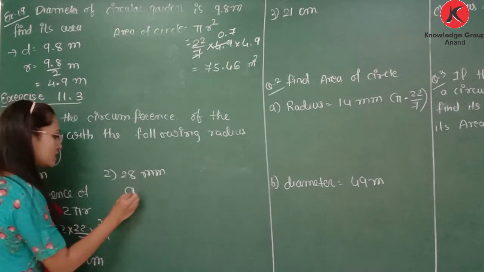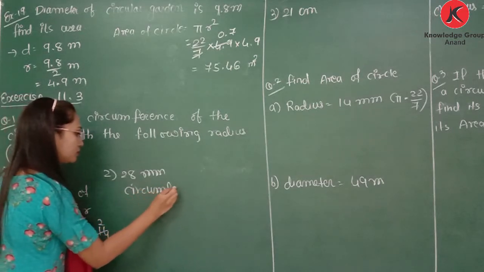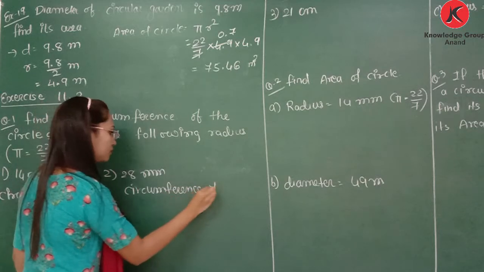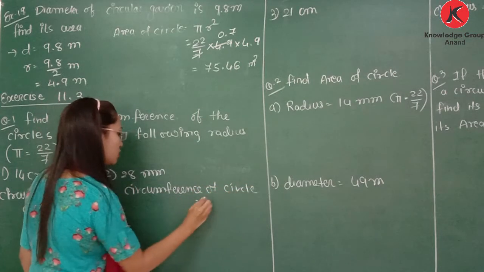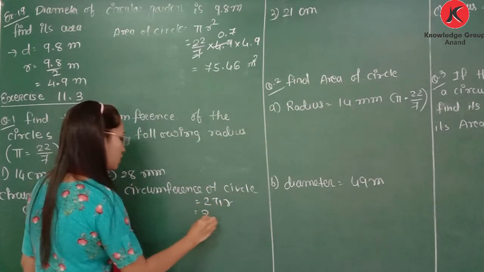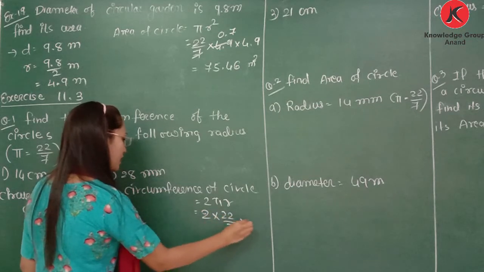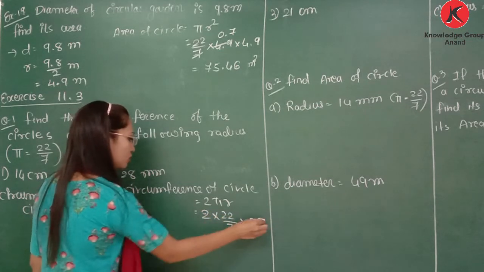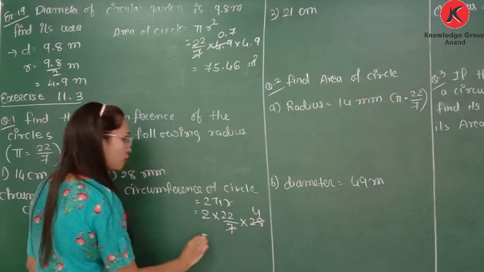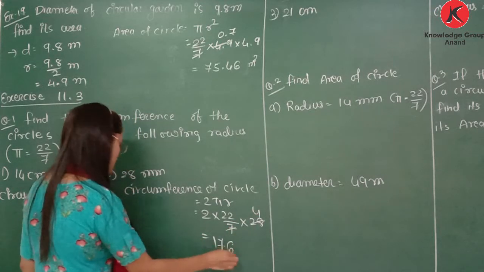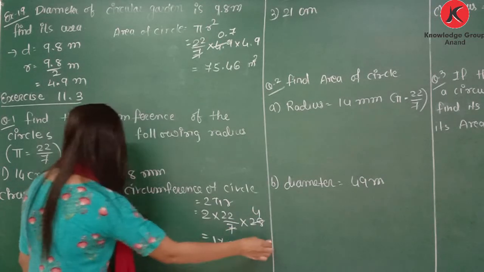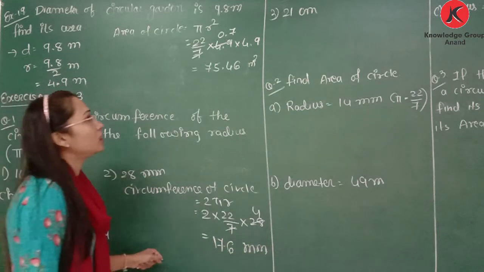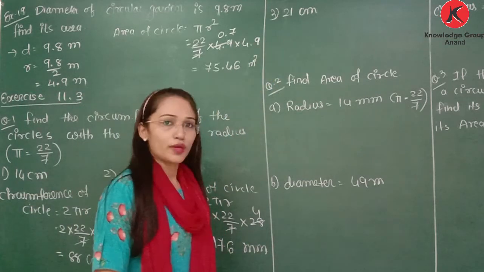Next, 28 mm. So again we can write circumference of circle, that is 2 pi r. Pi is 22 by 7. Here radius is 28. So it is 176 mm. Okay. Now next one. Third, radius is 21 centimeter.